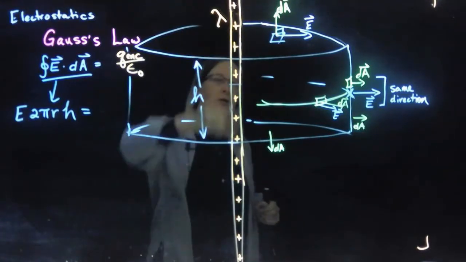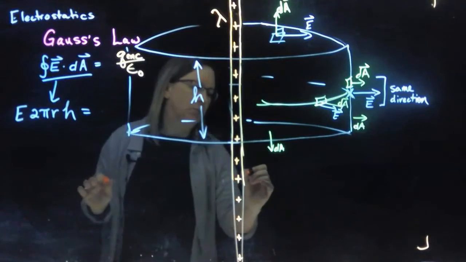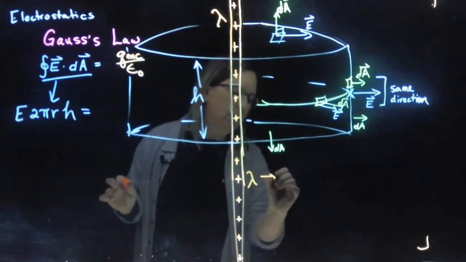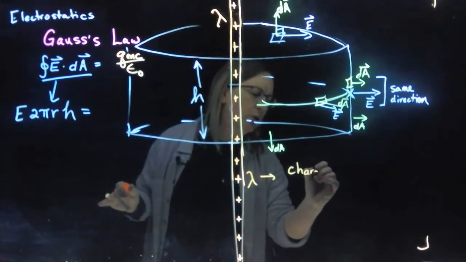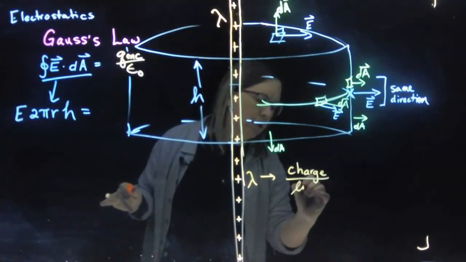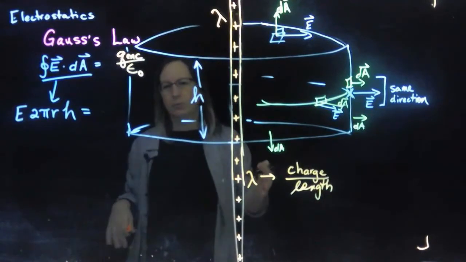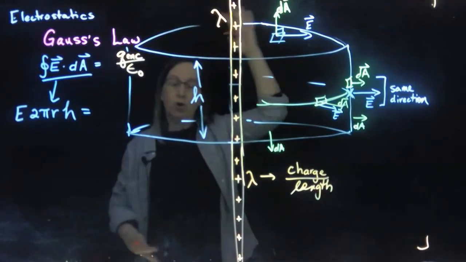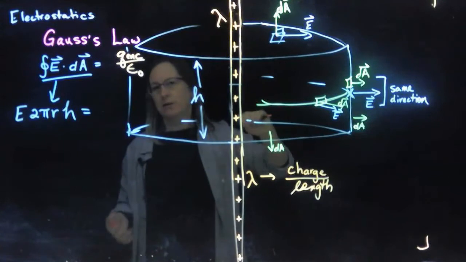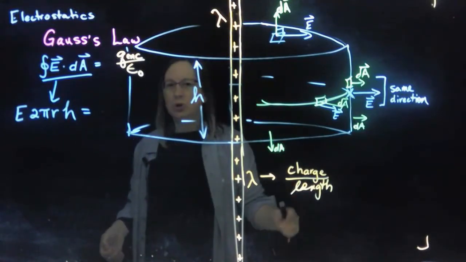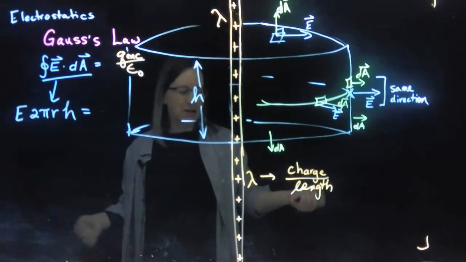So I'm doing the orange part now. Lambda is charge per length. If I have 4 coulombs per meter and 2 meters of length, then that's 4 times 2, which would be 8 coulombs, right? That's not very hard.